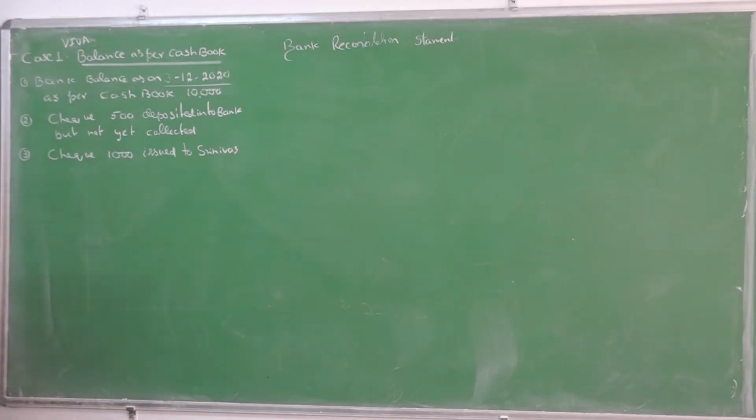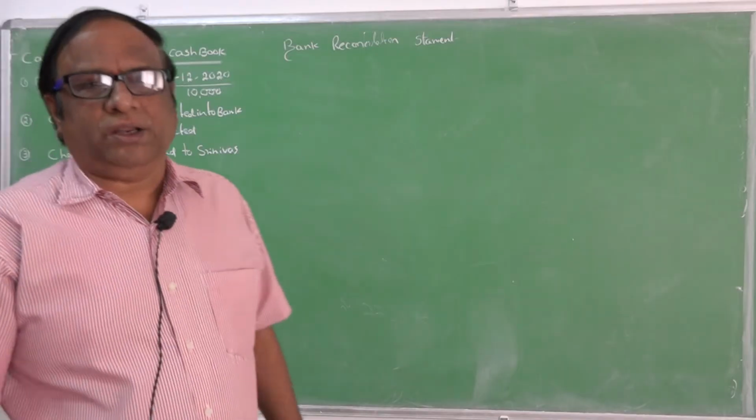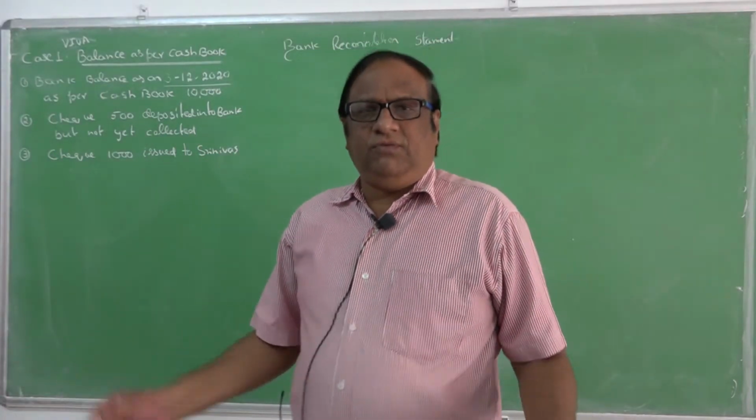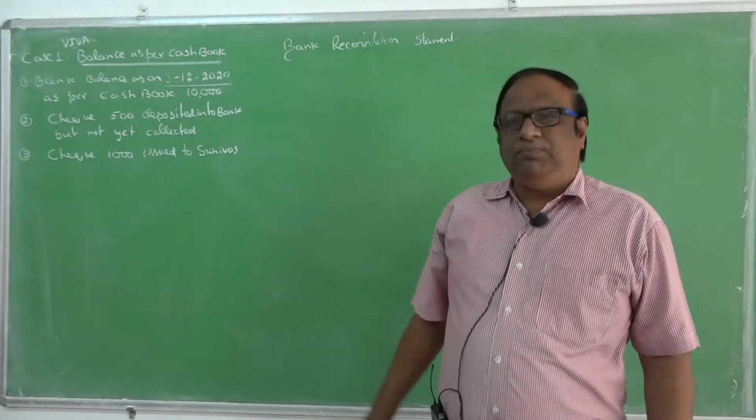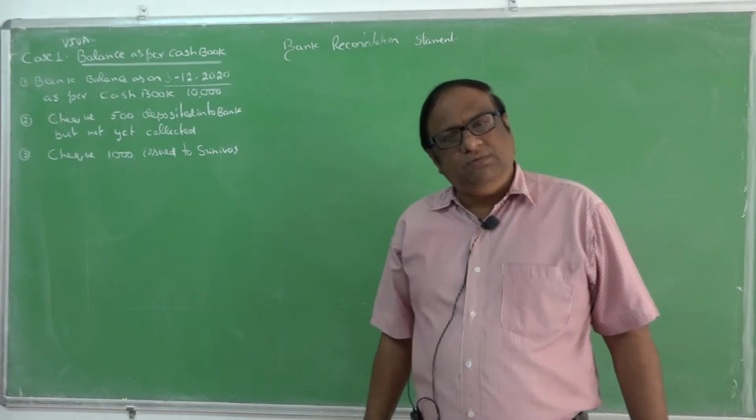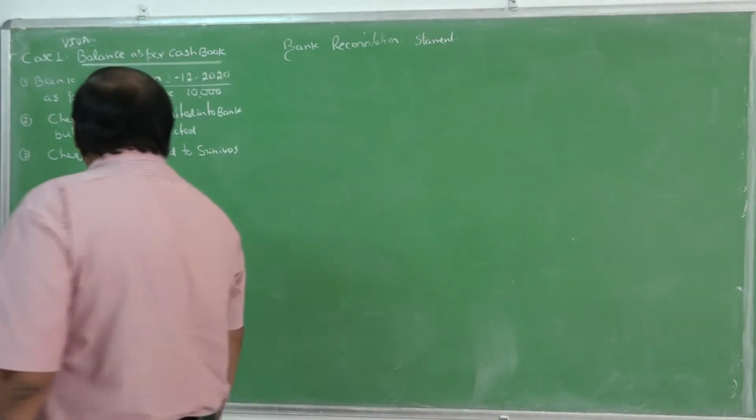So Viva school has given me a check; for example, check 1000 issued to Srinivas. The Viva school accountant has given a check of 1000 to one of the suppliers. For example, for our school hostel, Srinivas supplied the rice. So for Srinivas he has issued a check of 1000.